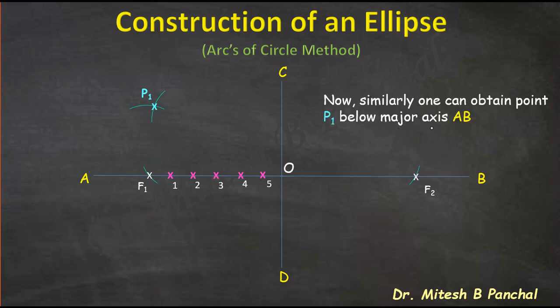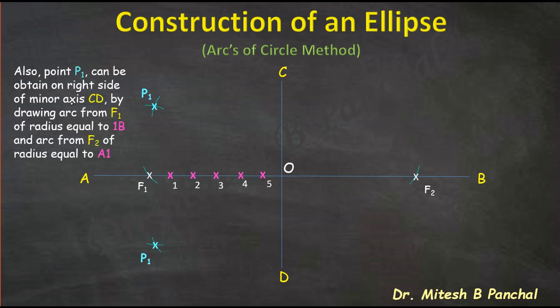Now similarly one can obtain the point P1 below the major axis. Again here, F1 as center, A1 as radius, draw one arc; F2 as center, 1B as radius, and draw an arc to obtain P1 on the other side of AB.